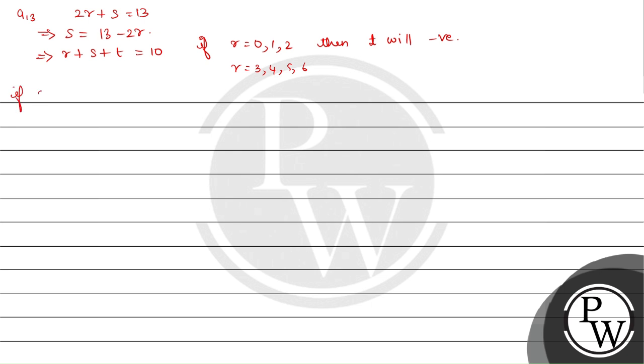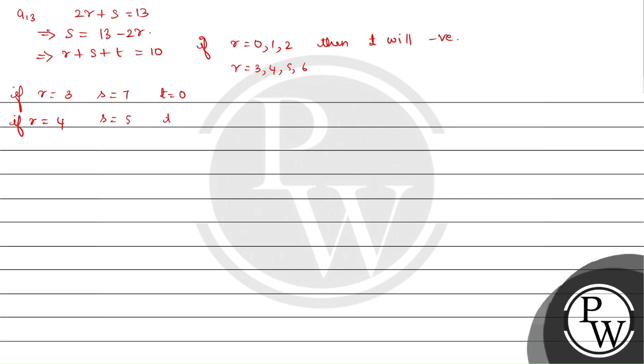If R is equal to 3, then S is equal to 13 minus 6, that is 7. Then T is equal to 0. If R is equal to 4, then S is equal to 13 minus 8, that is 5.